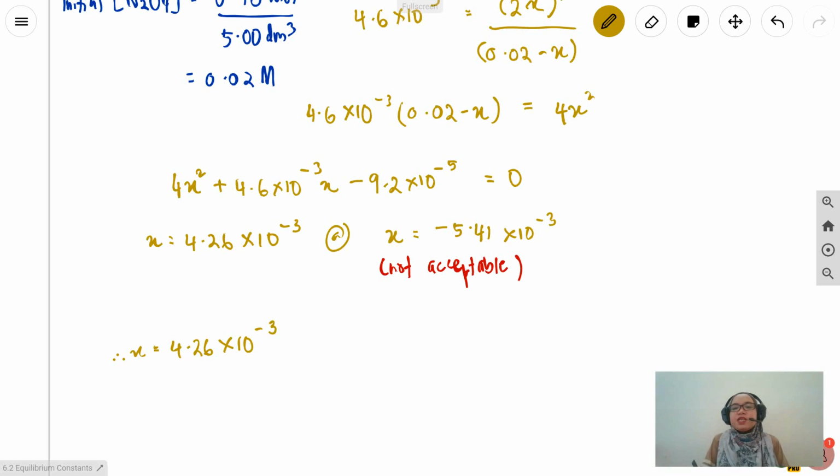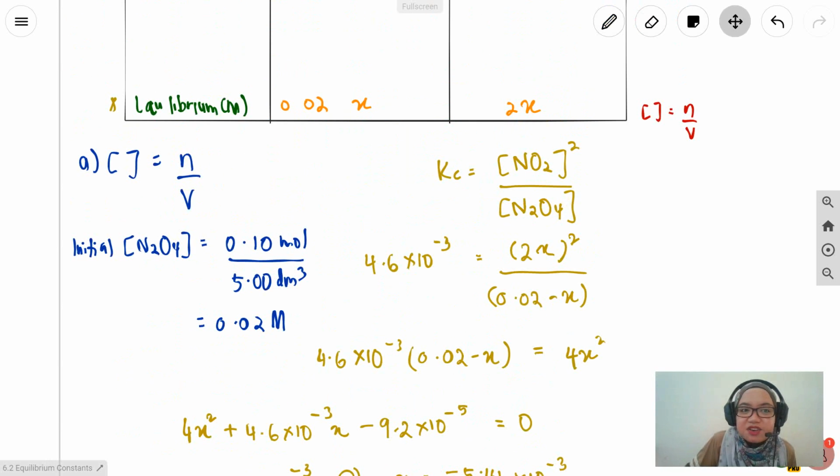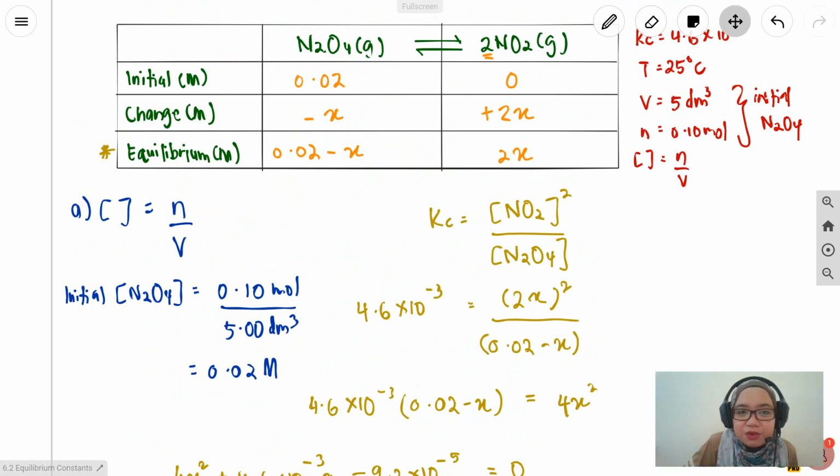So when you already know the value of X, now you can find the concentration of N2O4 and NO2 gas at equilibrium just by substituting the value of X inside this formula, inside this unknown punya equation.